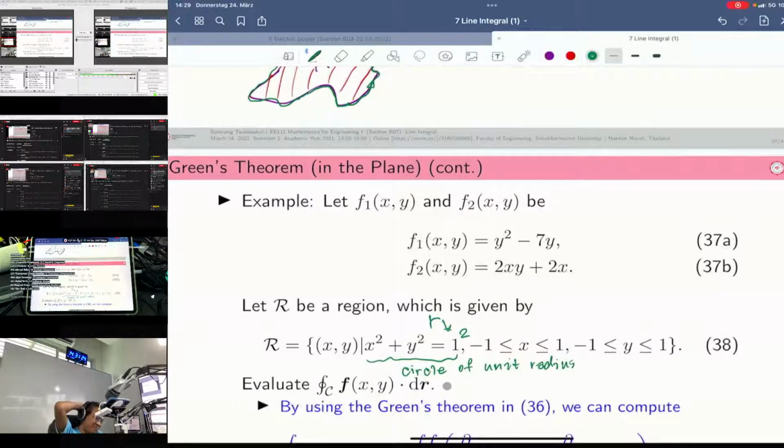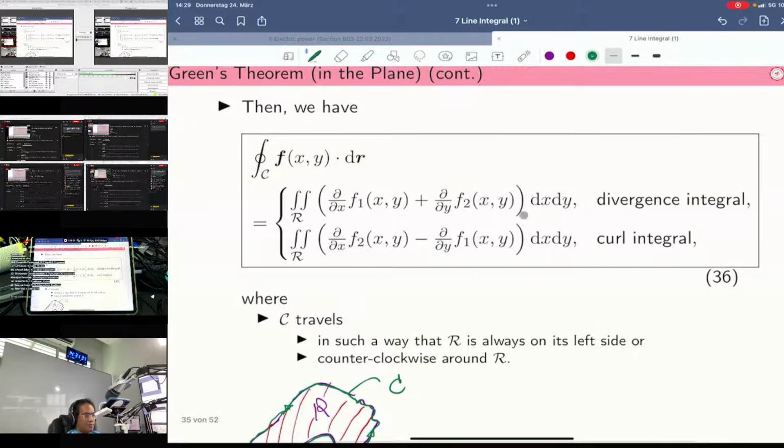Let's use the Green Theorem, right? Like this.